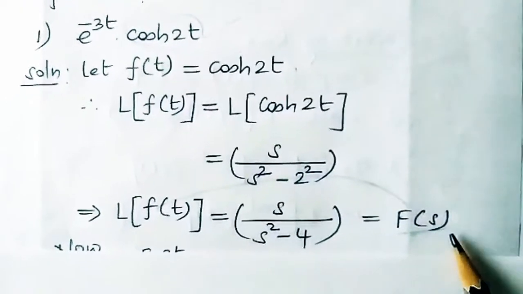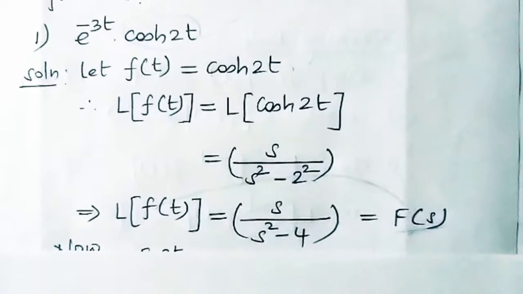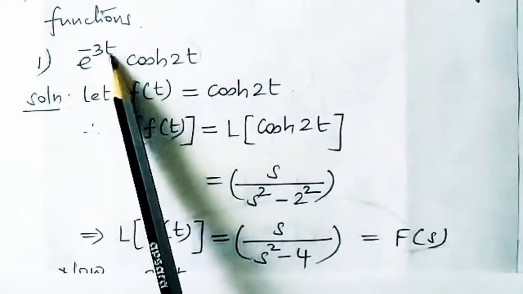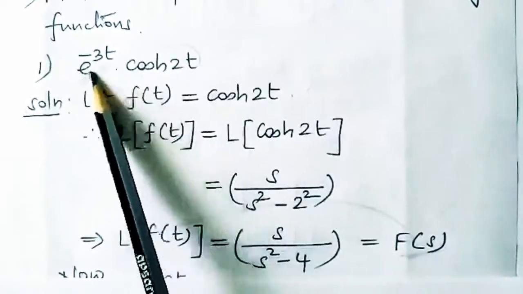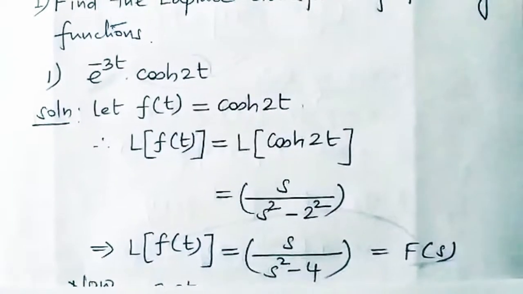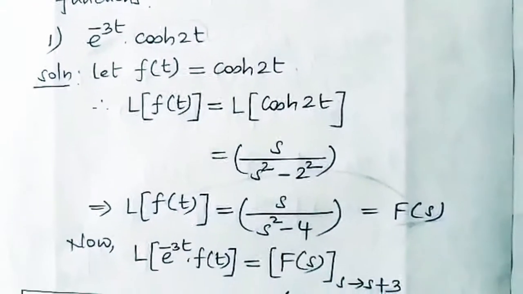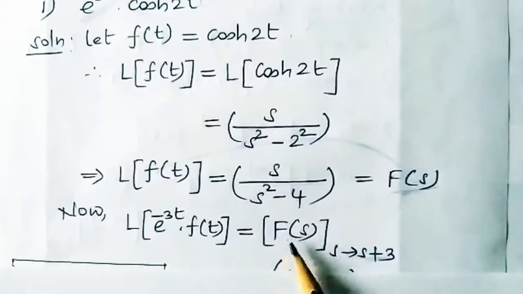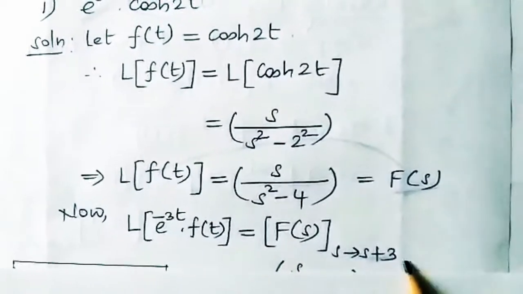So we have reached up to L of f of t equal to F of s. But the final result will end up with s minus a or s plus a. That depends on the nature of the coefficient of t. In this particular case, in e to the power of minus 3t, the coefficient of t is minus 3. So by applying this property, Laplace of e to the power of minus 3t f of t is F of s, and s has to be replaced by s plus 3.